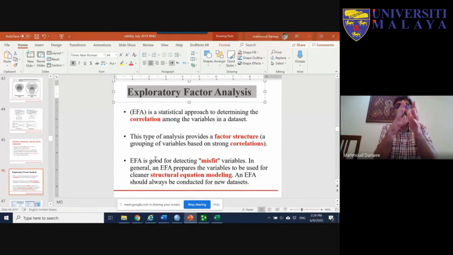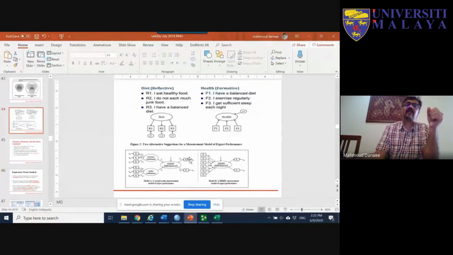So you can divide and group the variables according to their relationship. Those variables which are highly correlated can form a component, scale, domain or factor, correct? As you remember, especially for a reflective construct, the items are highly correlated.